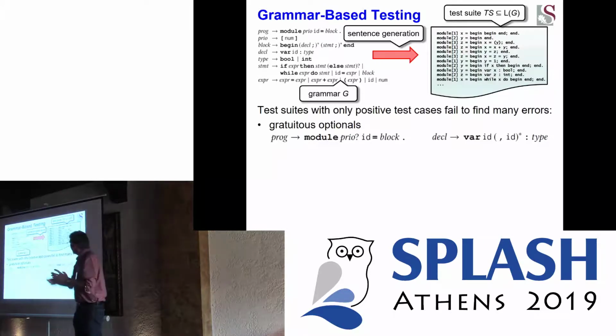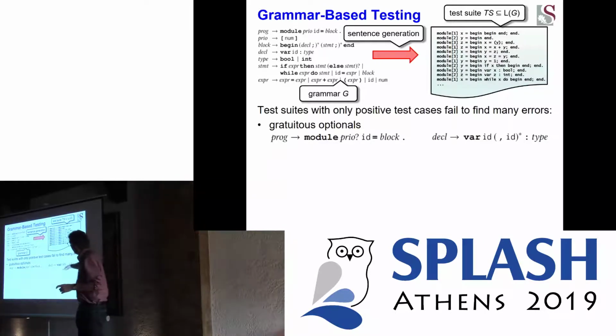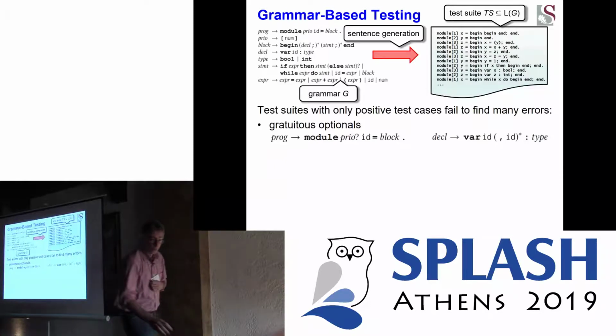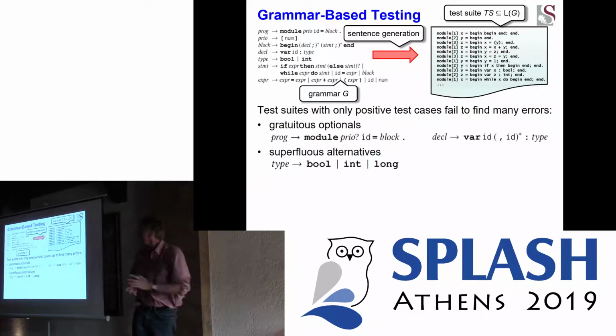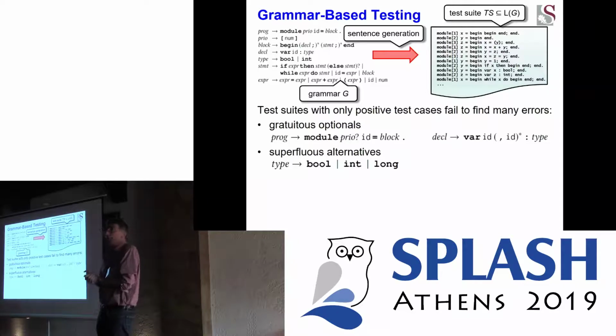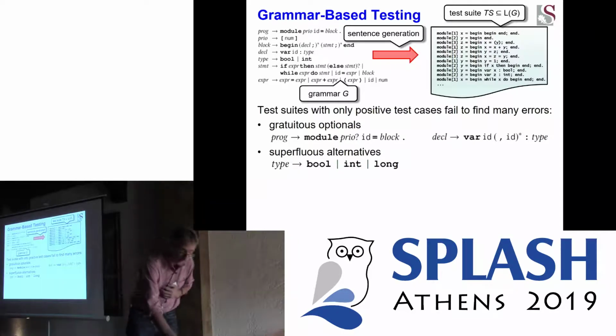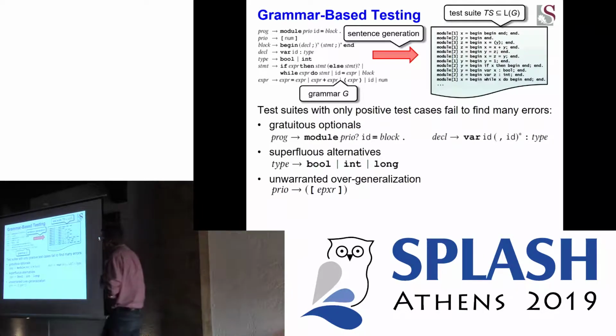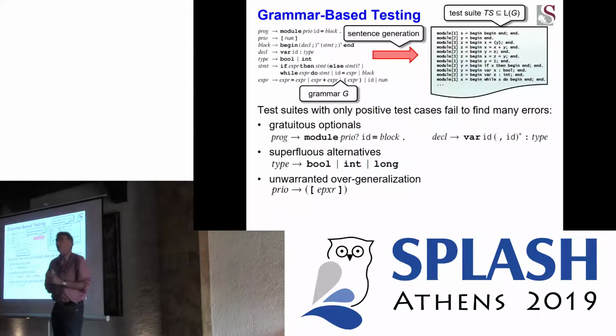Or if our unit under test allows lists of declarations, or if it has alternatives that are not in there, if it allows another type, for instance, or if it overgeneralizes some of the symbols, right?